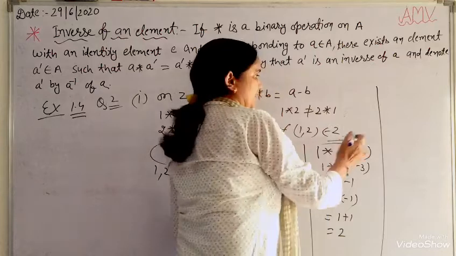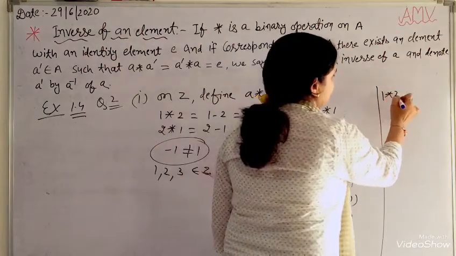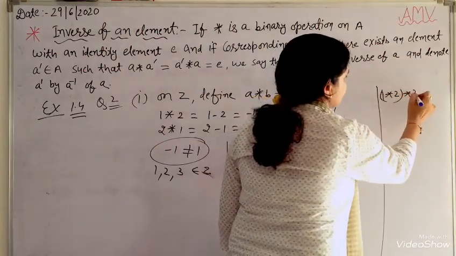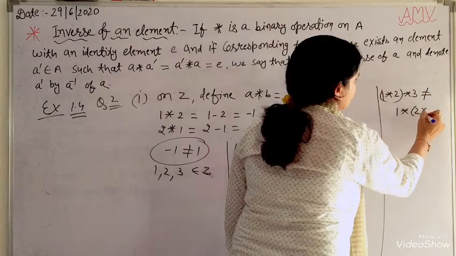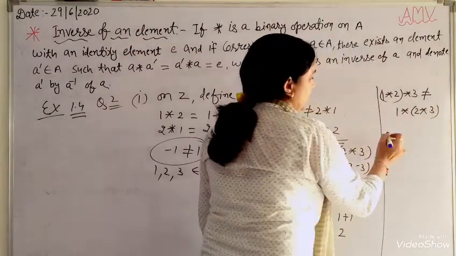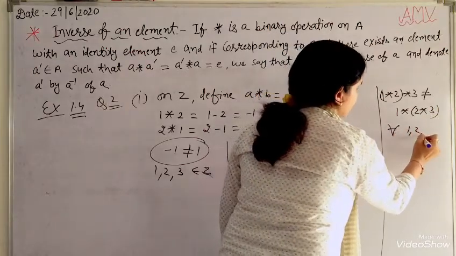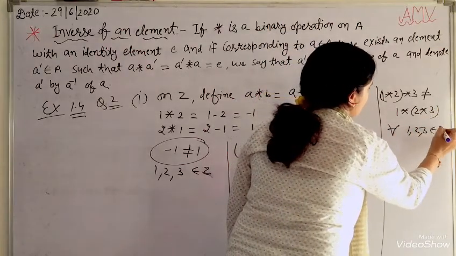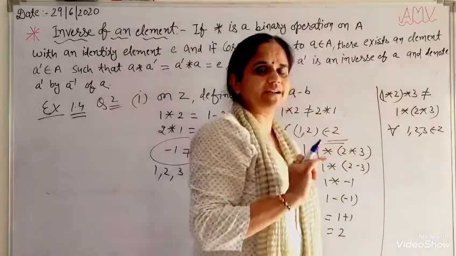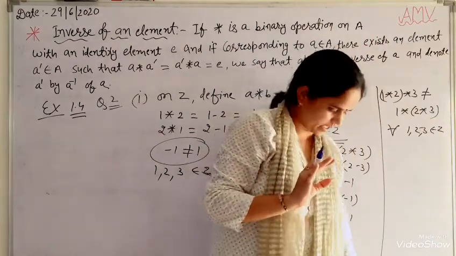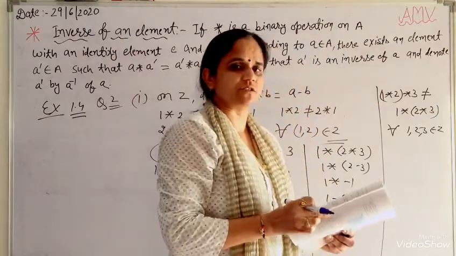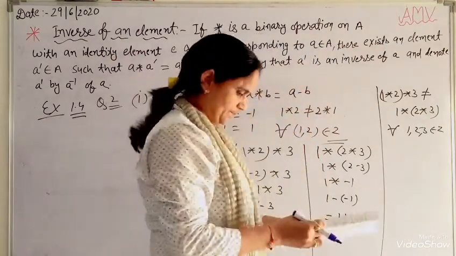So (1 star 2) star 3 is not equal to 1 star (2 star 3) for all 1, 2, 3 belonging to Z. The associative property doesn't hold, or you can say that it is not associative.